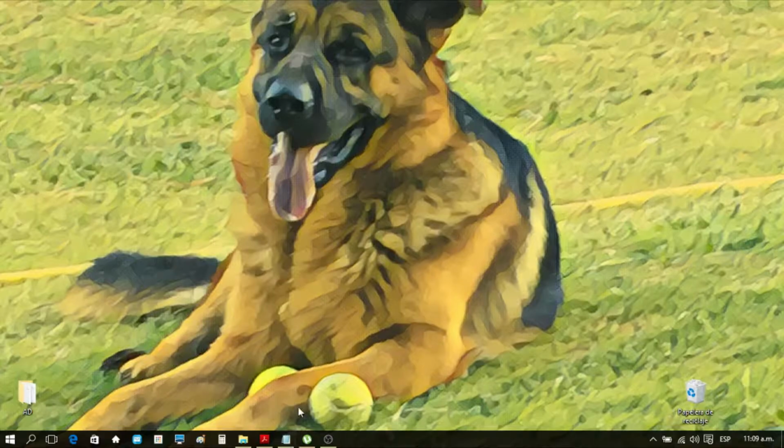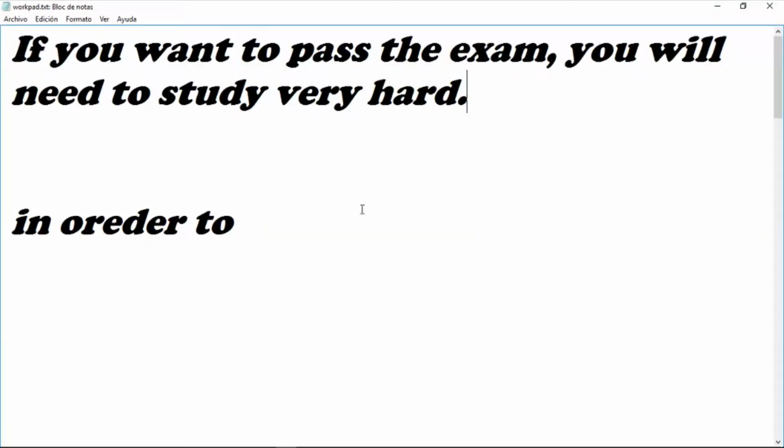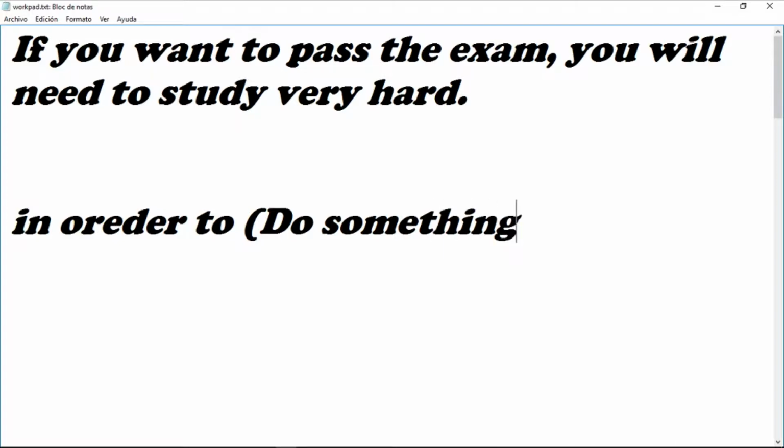Okay, let's pull up the files. I prepared a few sentences here so we can see the uses of the words in order to and so as to. In order to means in order to do something.